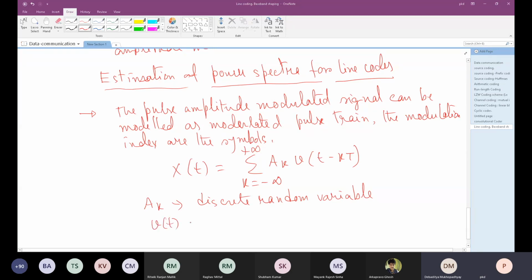That means when the symbols are occurring, there is no correlation between them. Though in actual cases there could be some correlation, when we analyze transmission, we assume that they are not correlated. They might be correlated at the source, but when we have coded the source, we have kind of decorrelated the information.